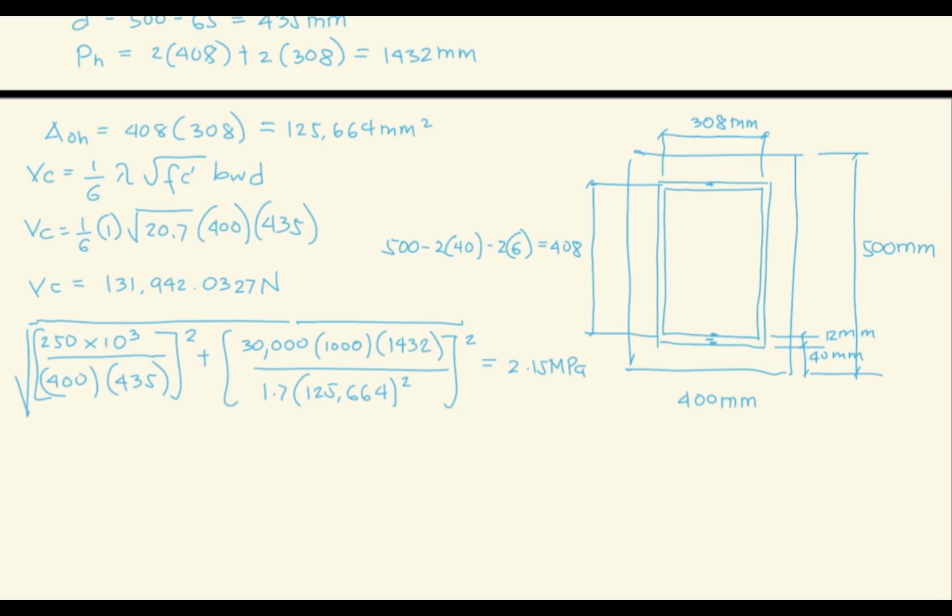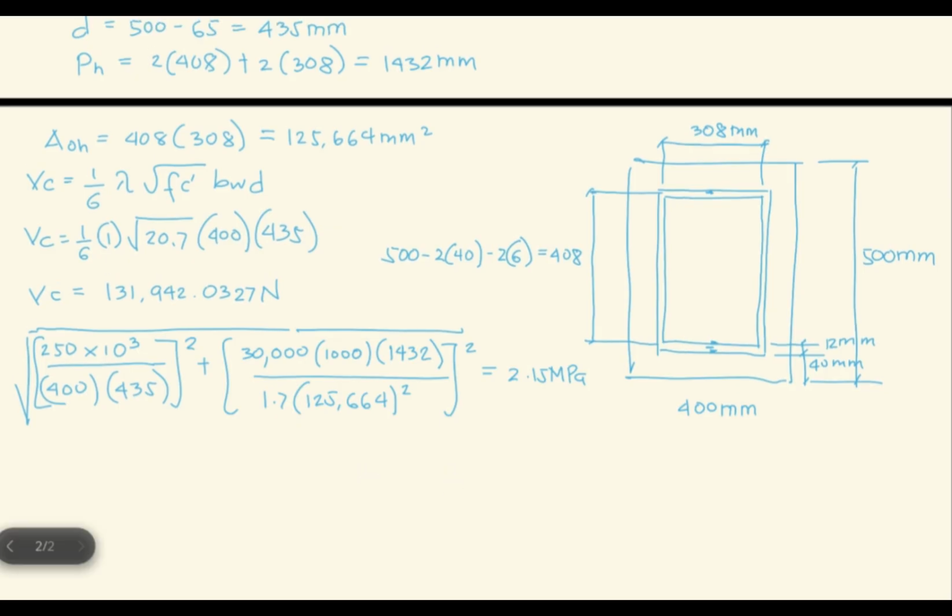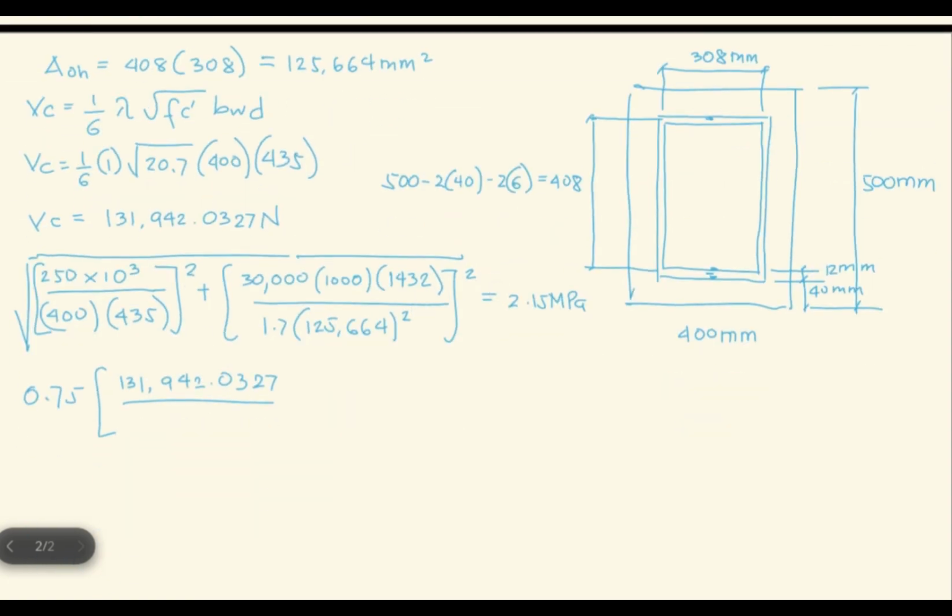Now, for the right side of this relationship, that is phi, or 0.75, times VC, which is 131,942.0327 divided by BWD, so we have 435, plus 0.66 multiplied by the square root of 20.7.